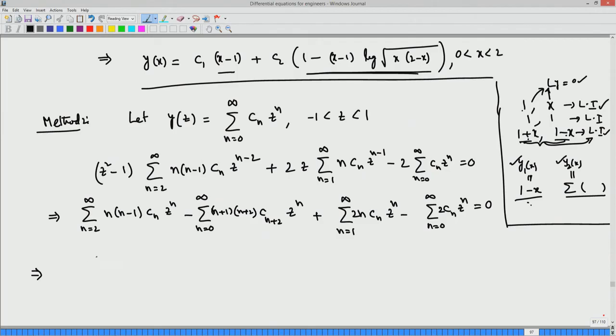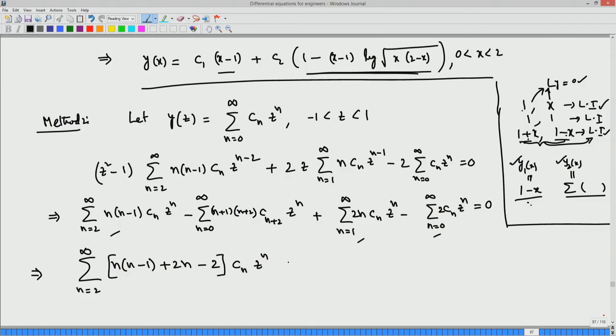Now, n equal to 2 onwards is common, so you have n into n minus 1 C n, plus 2n here, and you have minus 2 n minus 2 C n z power n. So, n is from 2 to infinity, I picked it from these 3 sums.